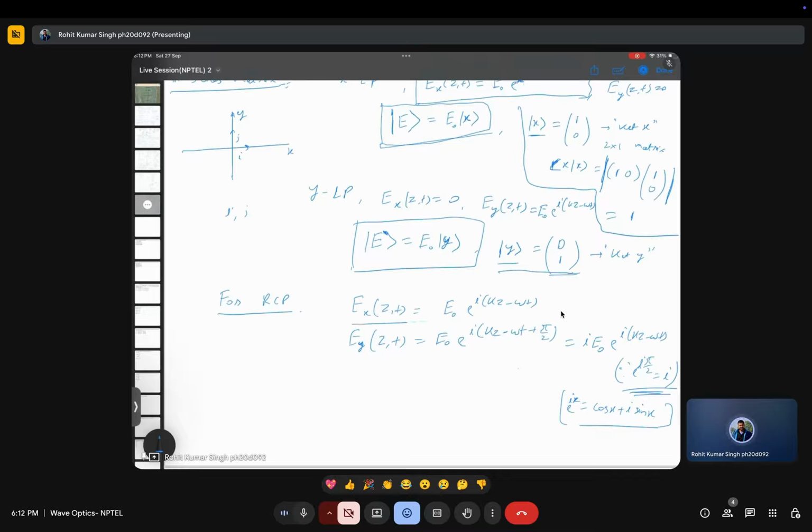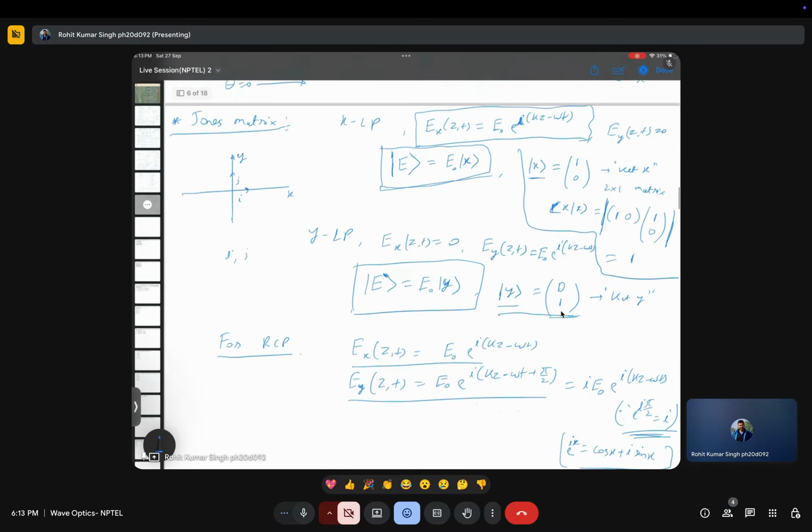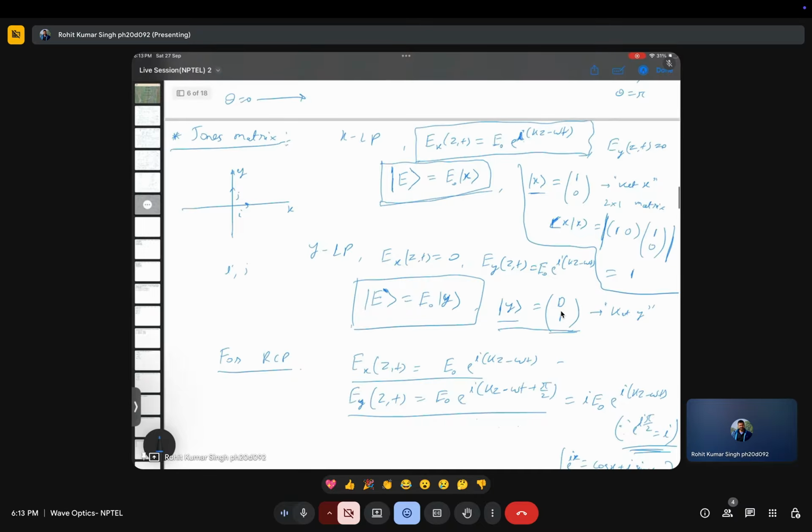Now we have this and this component. Now it's easy to see. What is this? This is just E naught x, right?